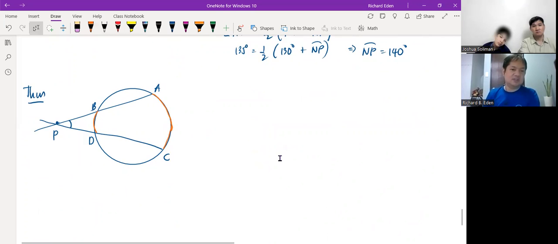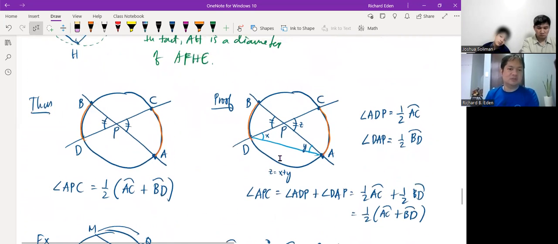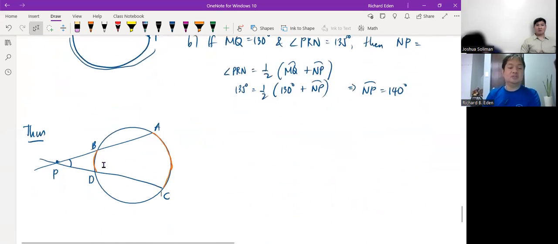But the situation is different from the previous theorem, where the angle formed by the two secant lines is related to the measures of the two arcs that are intercepted. So here, those two intercepted arcs are AC and BD. Again, the situation is different. P is outside.